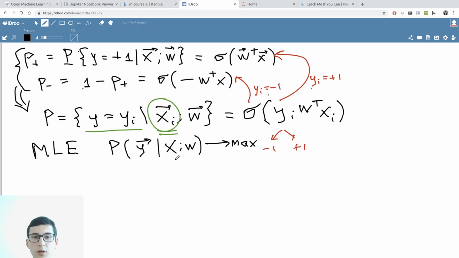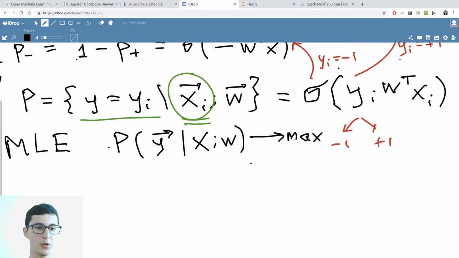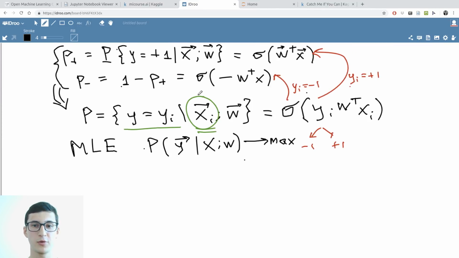So why exactly this optimization task? The idea is that we observe data, and we'd like to maximize the probability that they are labeled as we observe. In this process, we'll find nice values for W. It's pretty much the same as estimating the parameters of a normal distribution when we observe some values of height.